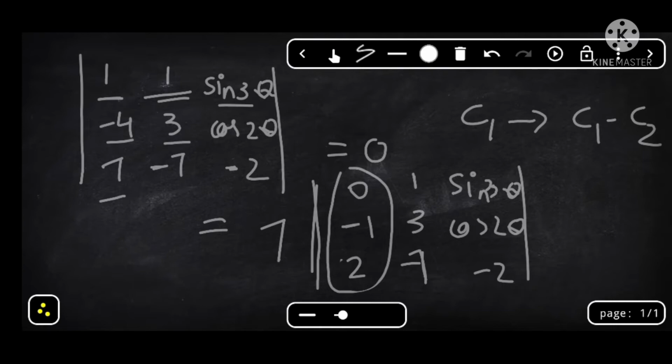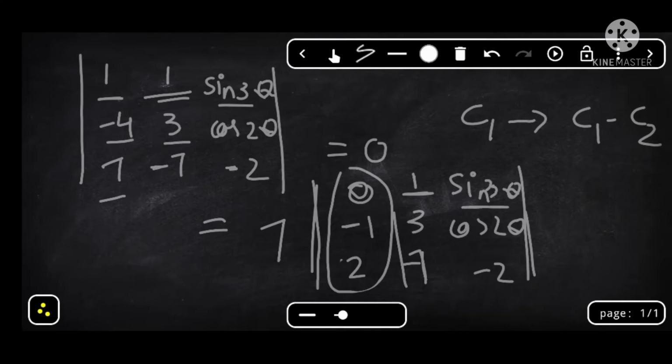Okay, now next, if we have 0 here, then no need to consider this element and the corresponding determinant. Okay, so we just need to solve this element and also we need to solve for sine 3 theta.